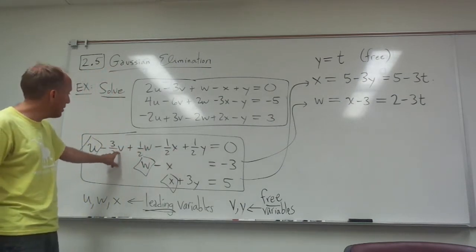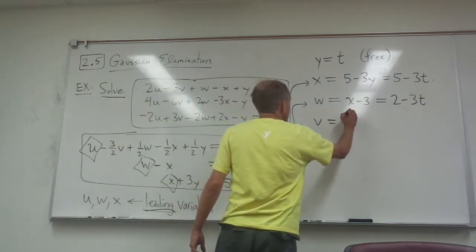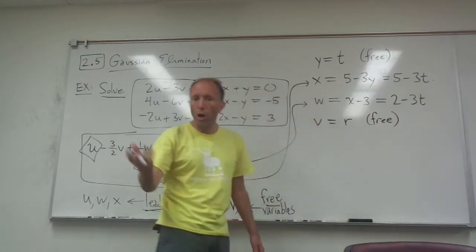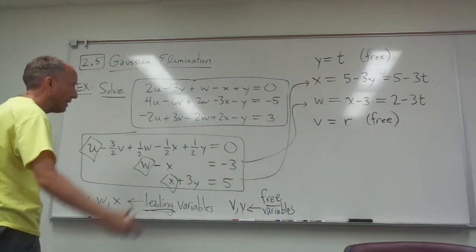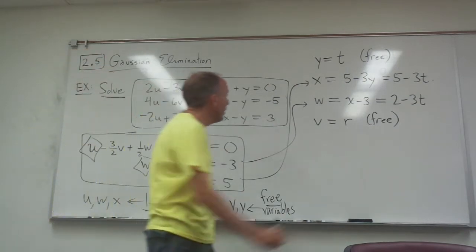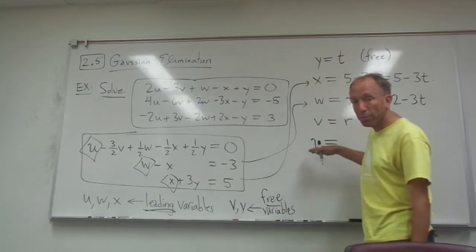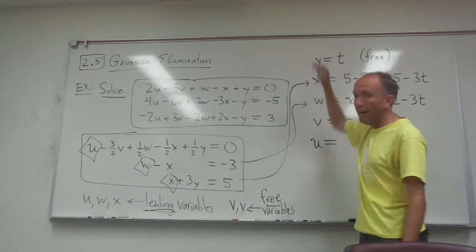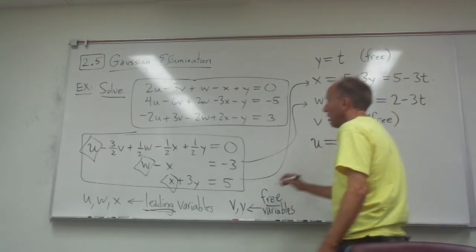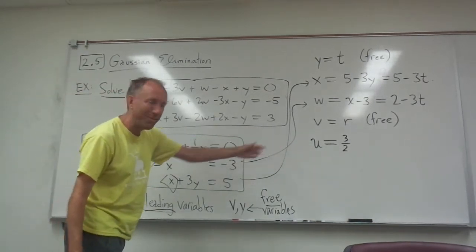I've already established y as a free variable. I've solved for x in terms of that free variable and w in terms of that free variable. The next variable that I see is v. We have not seen v so far, so I'm going to establish a second free variable. Let me call this one r. I like to use r, s, and t typically. So we'll use r for this free variable. And if I do that, then I can actually solve for u. Notice we are going to have expressions for u, v, w, x, and y here. So what is u going to be? Well, I have to take this first equation and move everything to the other side of the equal sign.